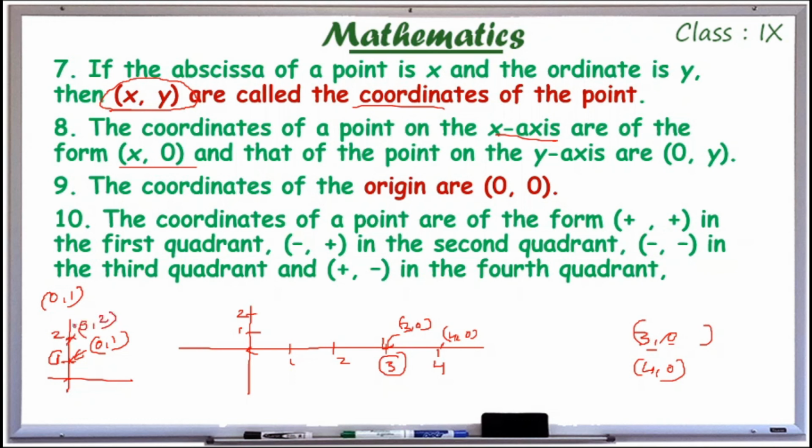So on the y-axis the points are of the form 0 comma y. The origin is called 0 comma 0, and the signs for the first quadrant are plus plus, second quadrant minus plus, minus minus in the third quadrant, and in the fourth quadrant we have plus minus. So this is the summary of our chapter.